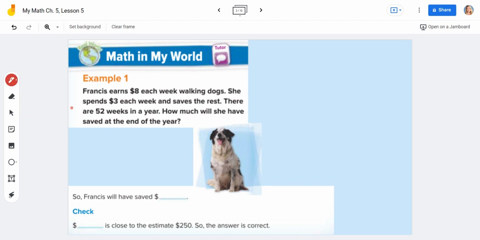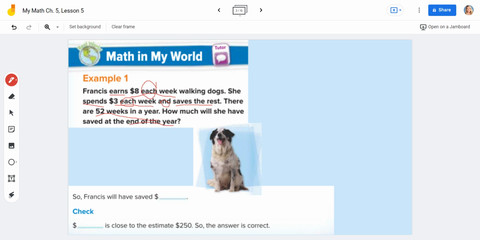It says Frances earns $8 each week walking dogs. She spends $3 each week and saves the rest. There are 52 weeks in a year. How much will she have saved at the end of the year?